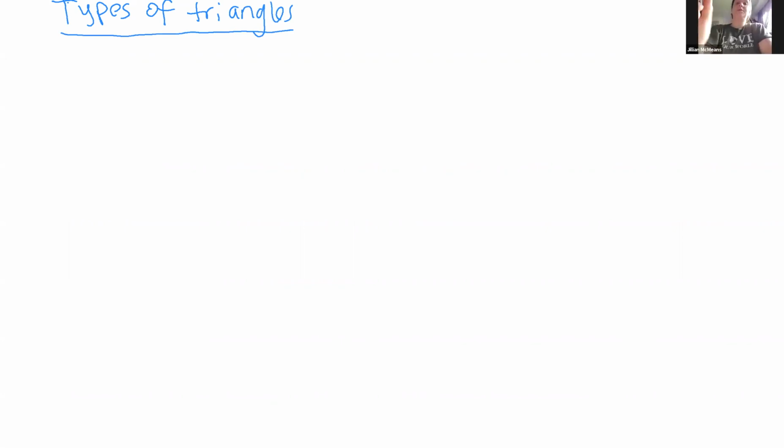All right, types of triangles. We're going to talk about 4 types of triangles. The first type is called an equilateral triangle.